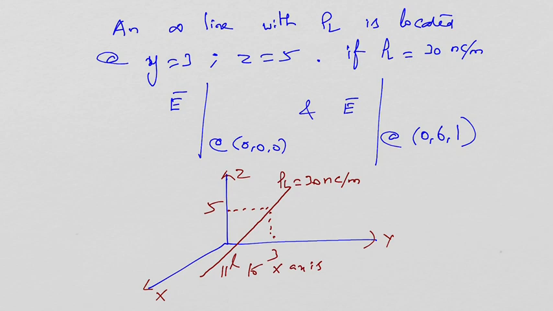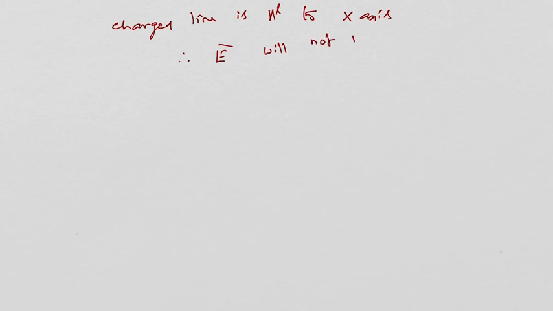So the charged line is parallel to X axis. Therefore, E cannot have any component in X direction.